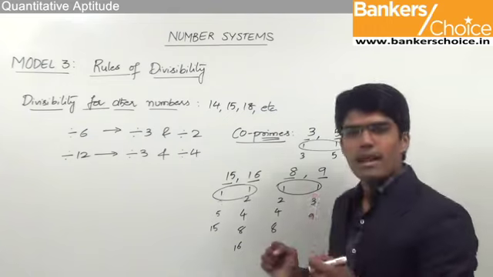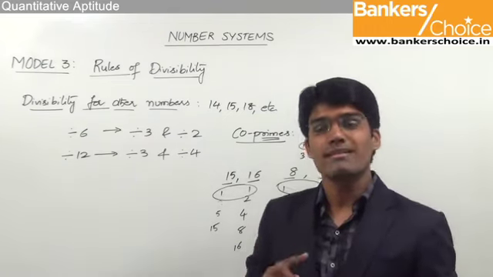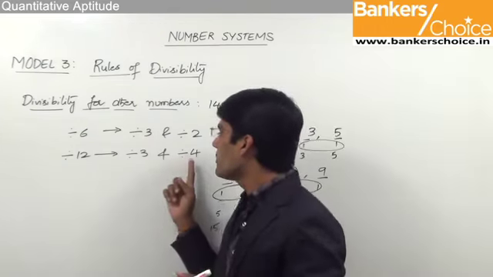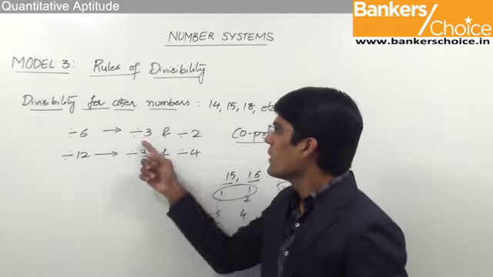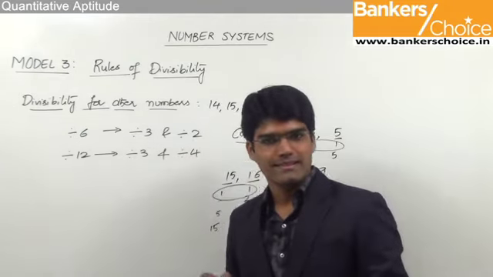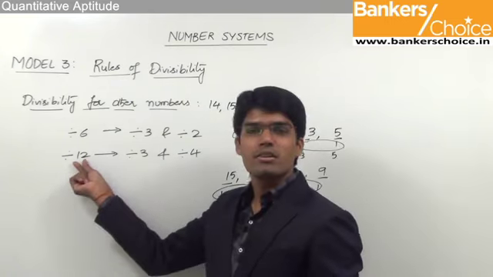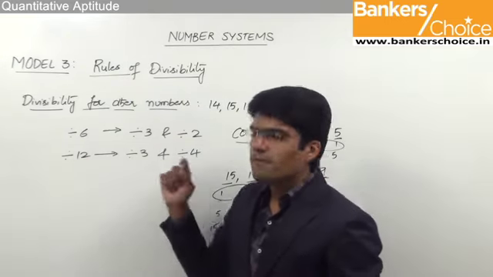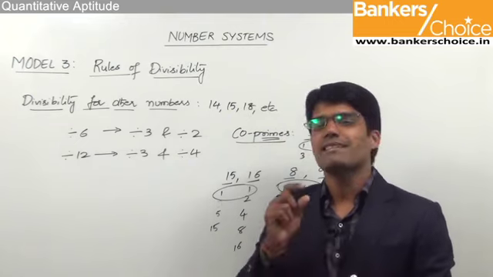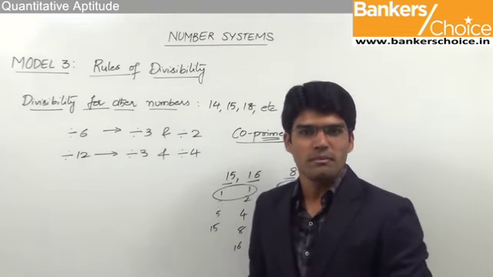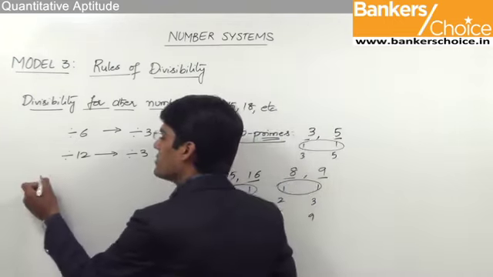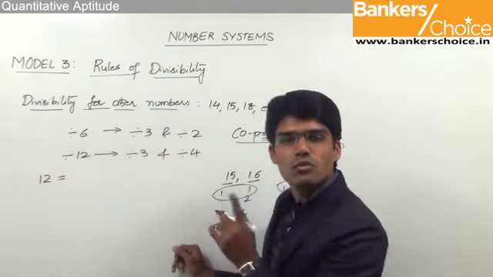After learning about coprimes, it will now be easy for us to understand why we take 3 and 4 as a divisibility rule for 12 and why we take 3 and 2 for 6. For example, let us consider 12 here. To check the divisibility for 12, first of all we need to factorize the number 12 as a product of two of its factors.